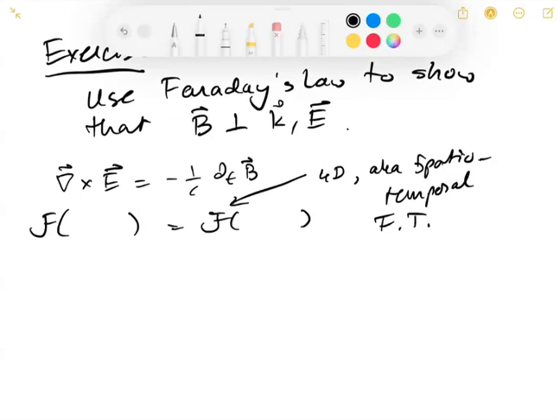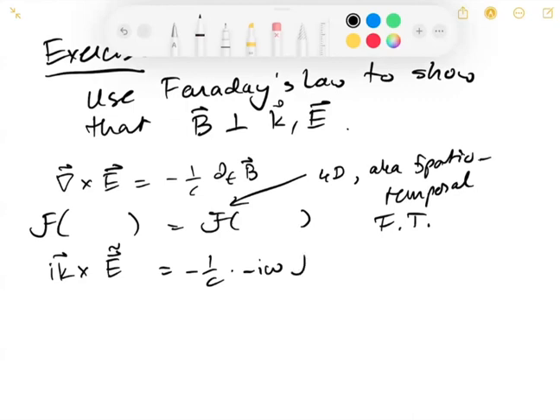All right, so we pick up an ik vector, and here we end up with the Fourier transform of E. And on the right-hand side, we pick up a minus iω. So we get a minus 1 over c times minus iω.